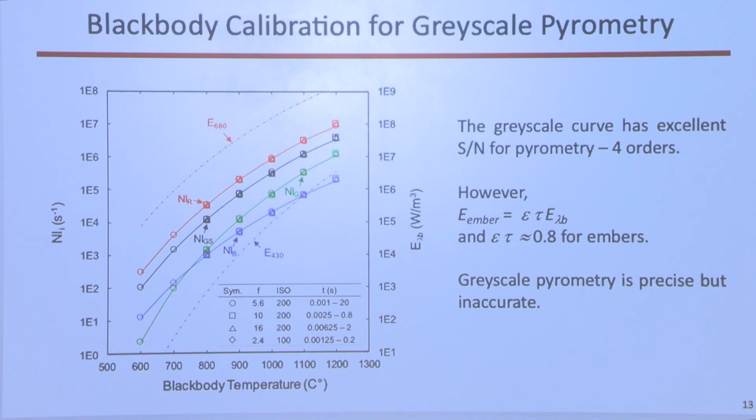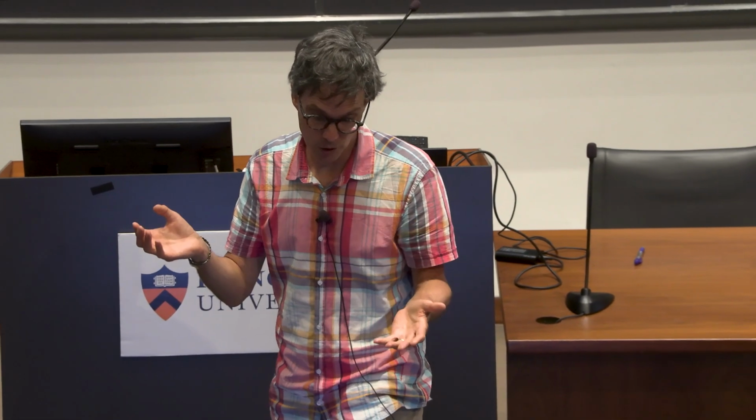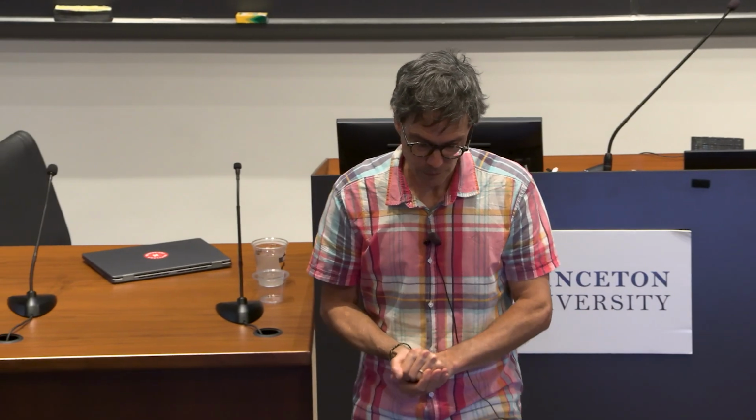And that's given in that equation where it says, however, the ember energy is equal to the emissivity of the ember times the transmittance, usually by the ash absorbing about 5 or 10% of the photons, times the black body. So if you knew your emissivity times the transmittance, then you could back this out and use the calibration directly, what we would call grayscale pyrometry, going directly from one color, usually the red, to the temperature.